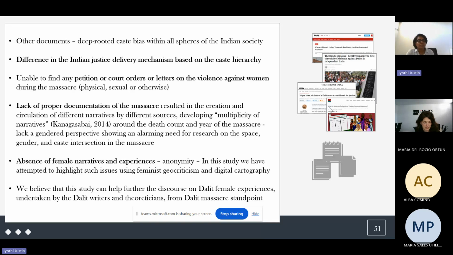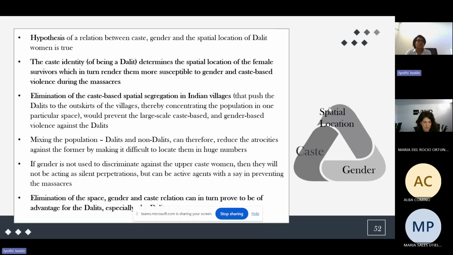So our hypothesis that there is a connection between spatial location, caste, and gender is confirmed using digital cartography and our feminist geocritical reading of the text.